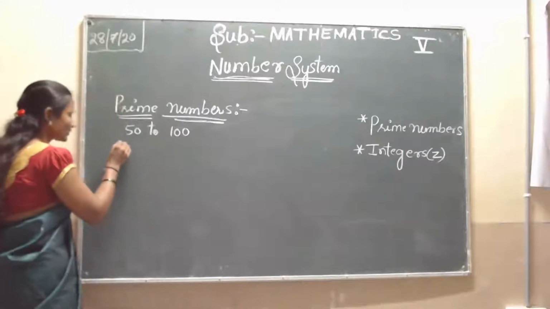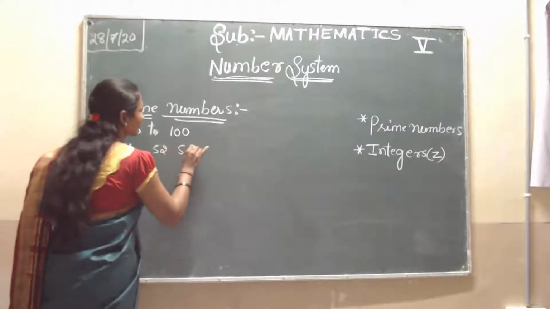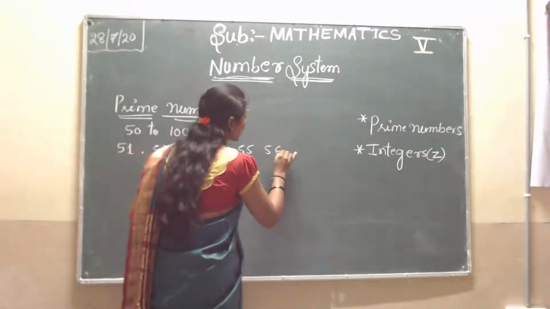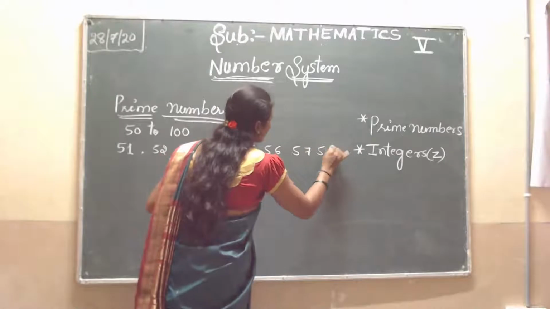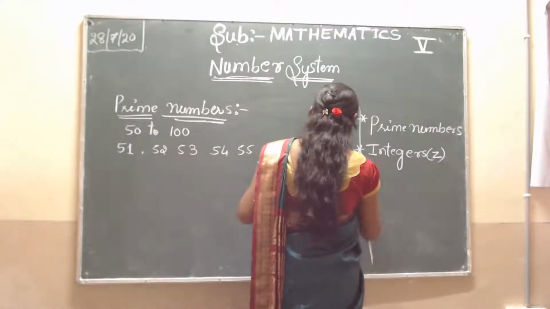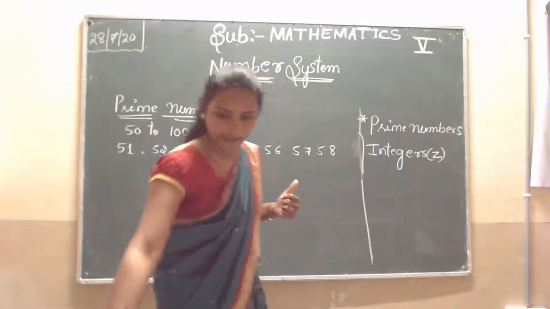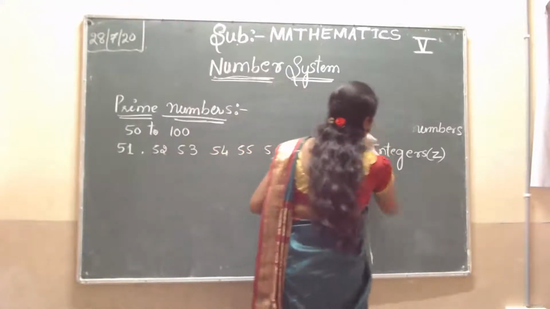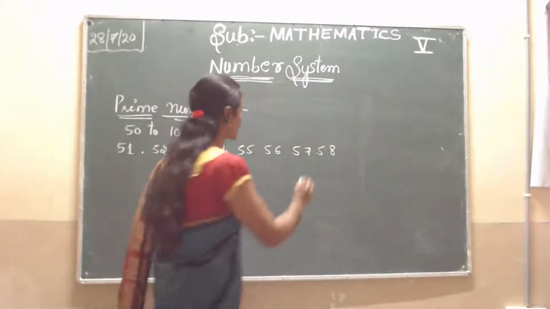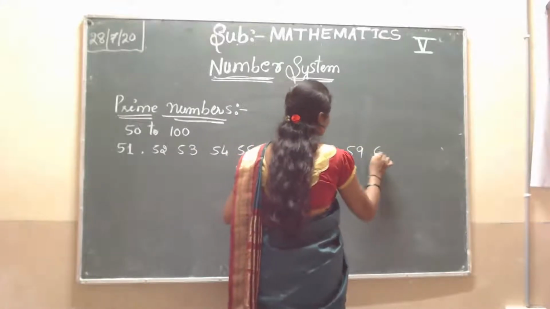So we have 51, 52, 53, 54, 55, 56, 57, 58, 59, 60.